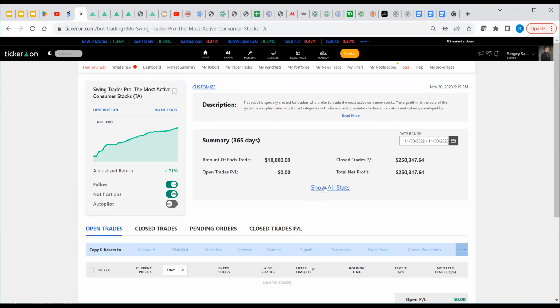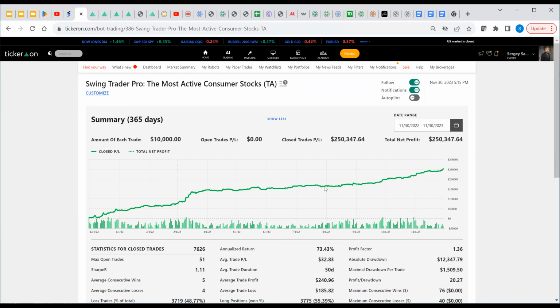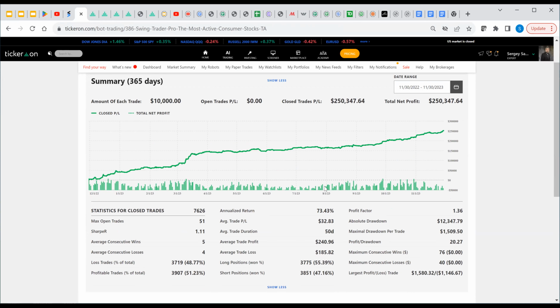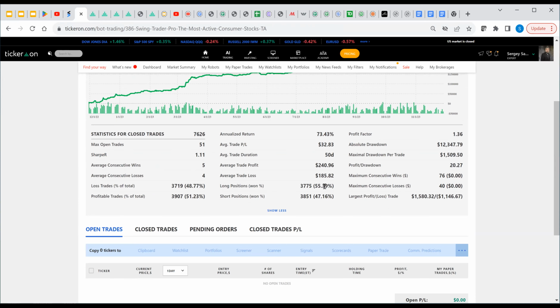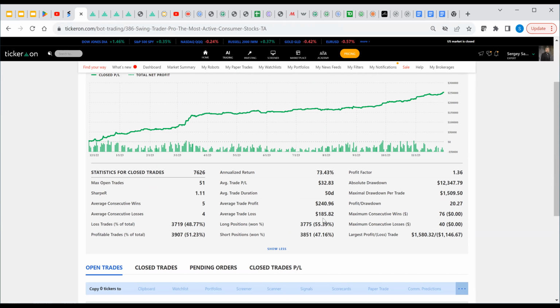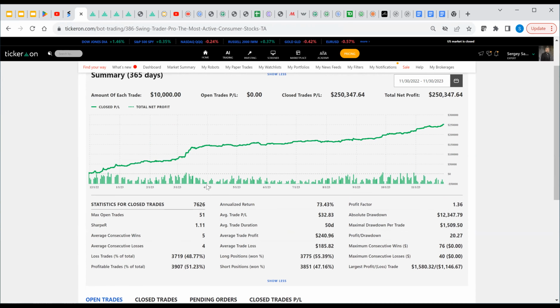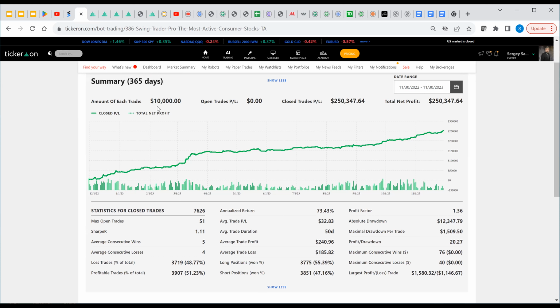So this is all stats, okay? What is important here is the annualized return, an important number, and the maximum open trades. And every trade, for the sake of simplicity, in our calculation is 10,000.